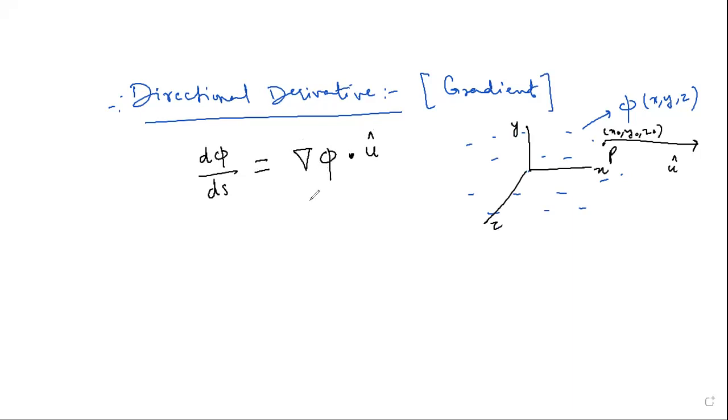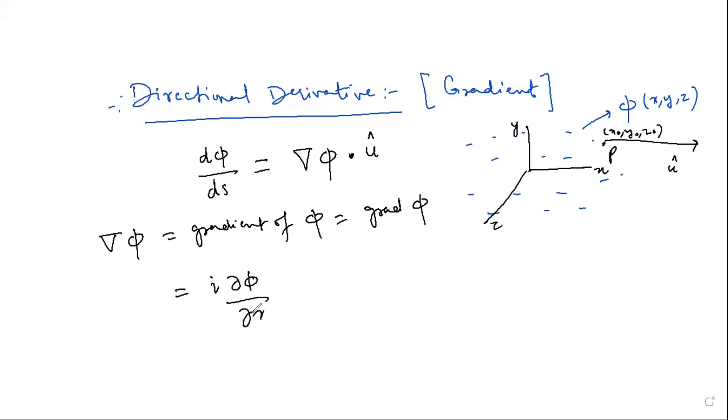It's called del phi, and it's actually the gradient of phi, sometimes written as grad phi. And it is i dou phi by dou x plus j dou phi by dou y plus k dou phi by dou z. All this thing we have done.